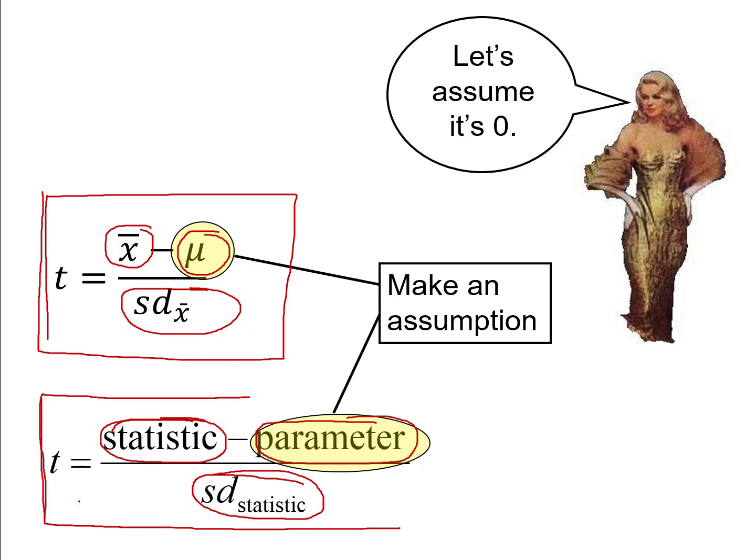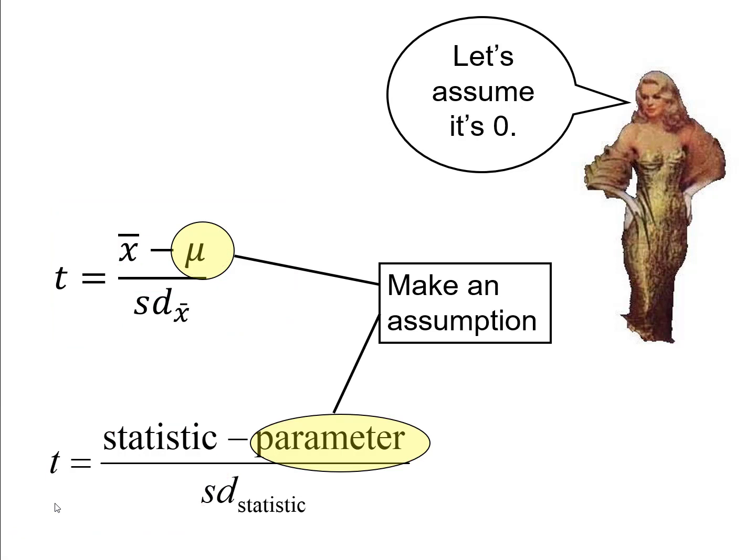And what do we call this assumption I'm making here? If I assume the true population parameter is 0, what do we call that assumption? Well, we call that the null hypothesis. The null hypothesis, N-U-L-L, is the hypothesis that the true population parameter is equal to 0.